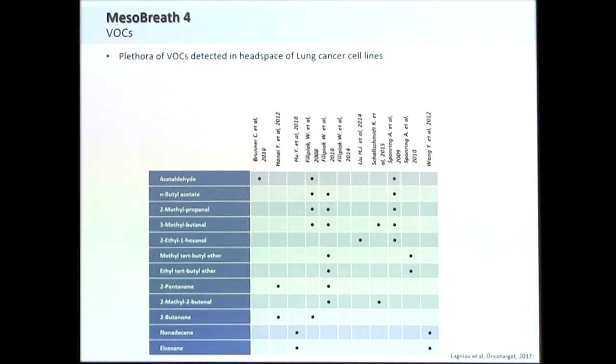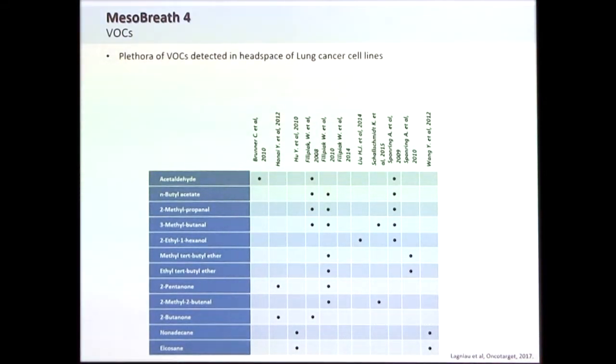Those are the compounds that were detected in the headspace of these lung cancer cell lines, because mesothelioma was done with the electronic nose, and those are all the compounds that were present in 2 or more of the different literature articles.